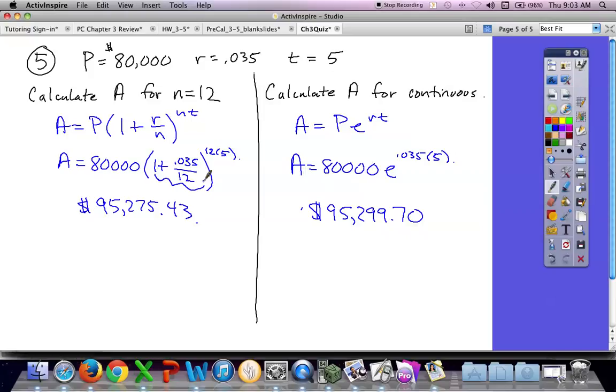It makes your answer pretty wrong. In fact, it makes this answer more than that answer, which can't be right. Be careful with rounding off too much in that step, because when you raise something to a really high power, like 60, a little difference is going to become a really big difference. And you don't want to give an answer over here which is actually more than it theoretically could be. That's the limit of it over there.